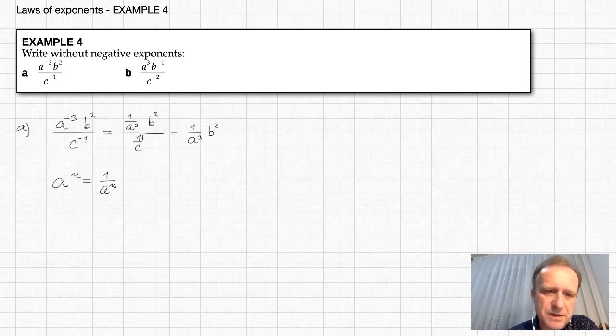Since the denominator is just 1 over c, its reciprocal is c. So you just multiply this by c.